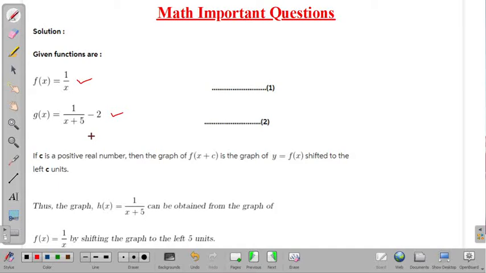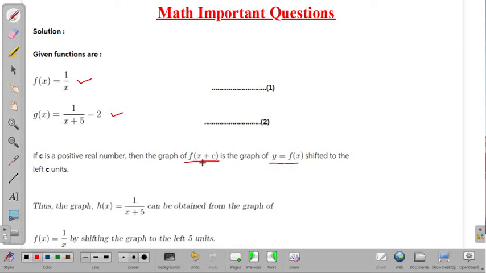And we know if c is any positive real number, then the graph of f(x+c) is the graph of y = f(x) when it is shifted by c units. Or in other words, if the graph of y = f(x) is shifted by c units, then we will get the graph of f(x+c).